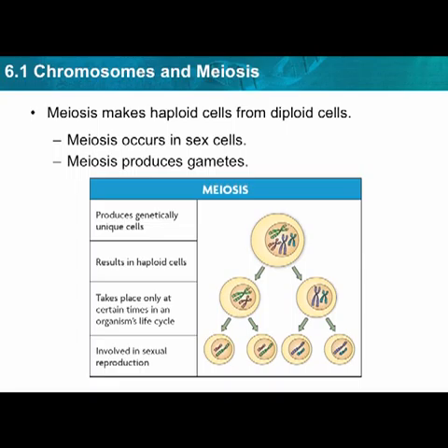But in these haploid gametes, we only have 2 chromosomes, 1 set of all the homologous chromosomes.